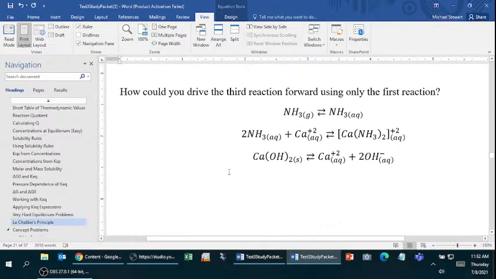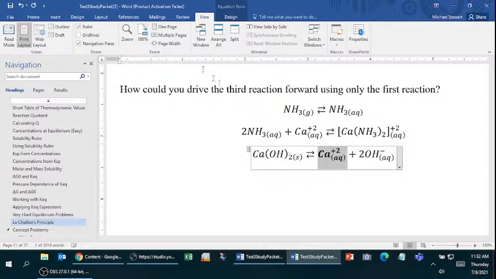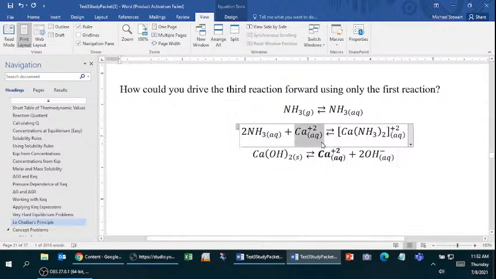Last one, how could you drive the third reaction forward using only the first reaction? So here we actually have two common ions. We've got calcium plus 2, and the other common ion here is the NH3 aqueous.